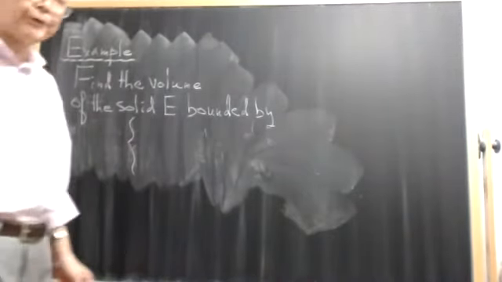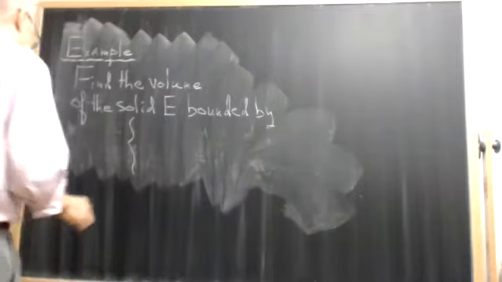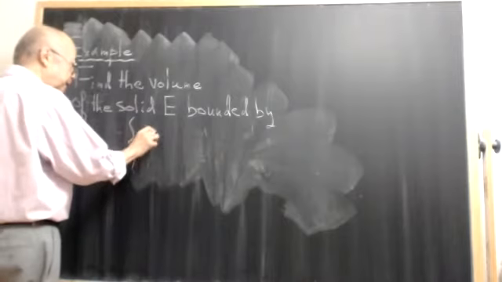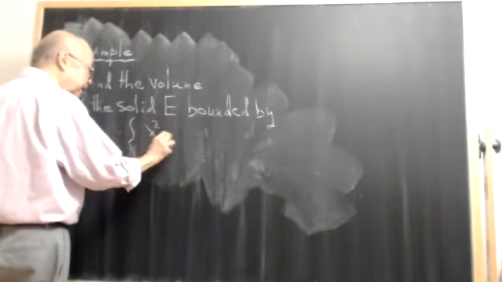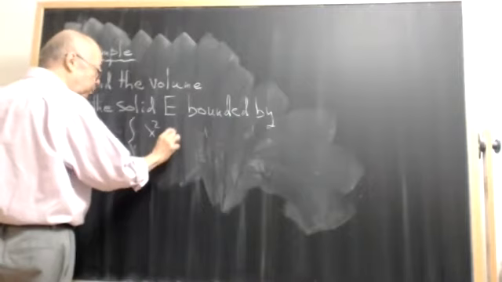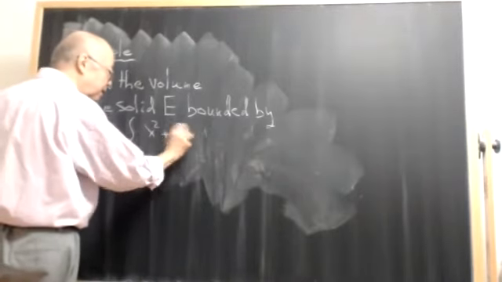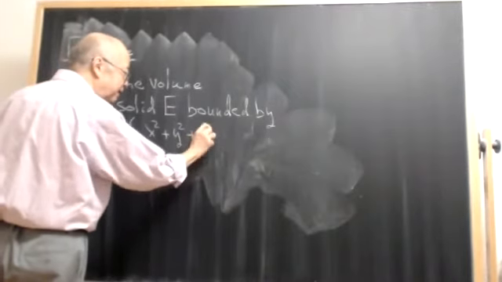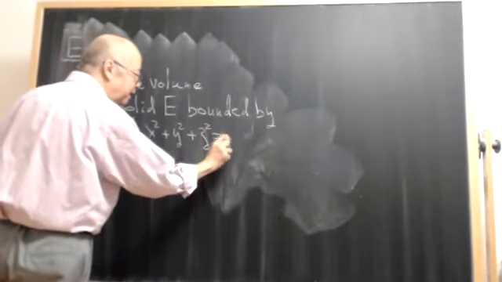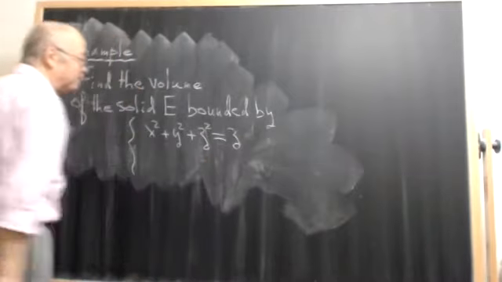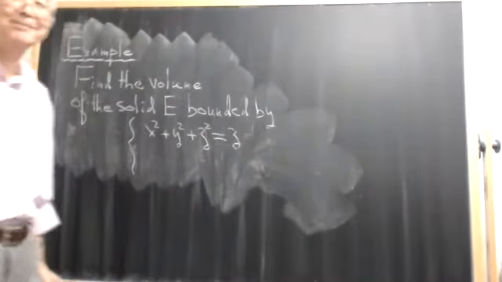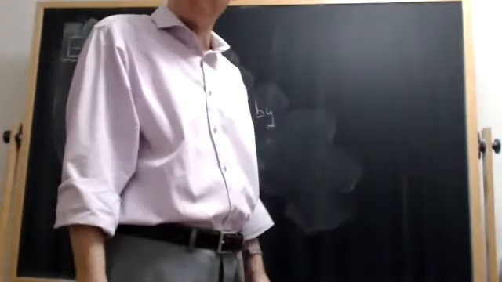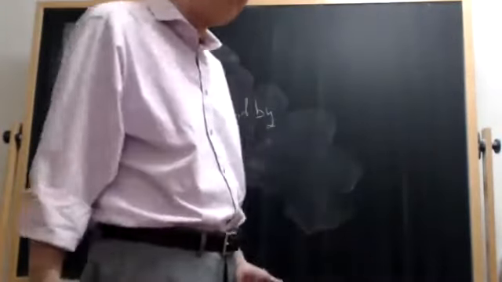The first surface has an equation like this: x squared plus y squared plus z squared equal to z. It's not equal to 1. If it's equal to 1, you all know what it is.